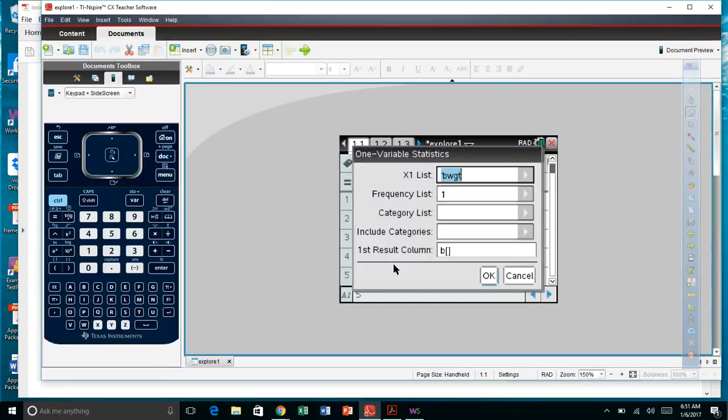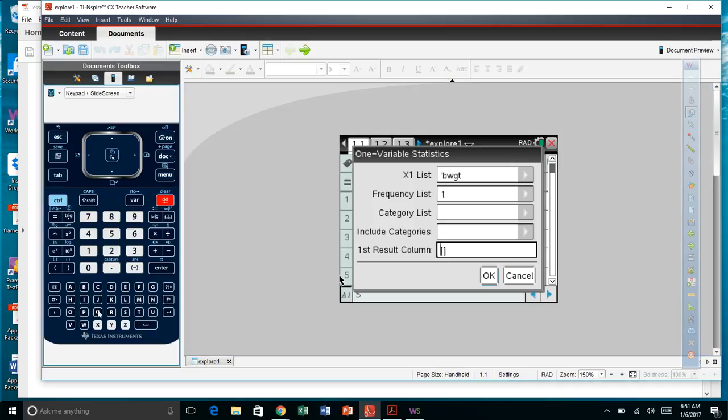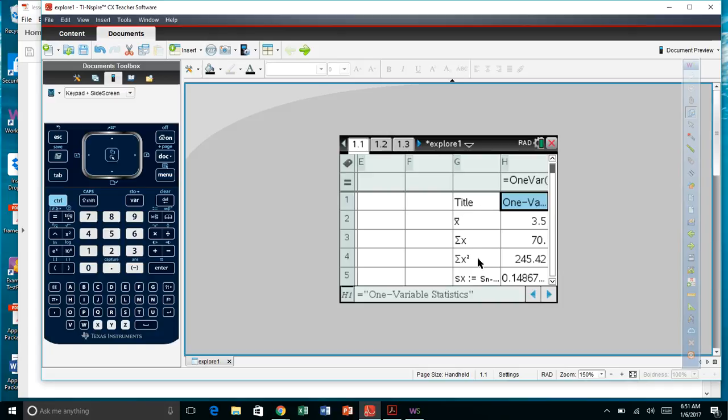It says result in first. I don't want to put it there. Let's put it in G, because I don't want to mess up my other data. So G, there it goes. It's over here.